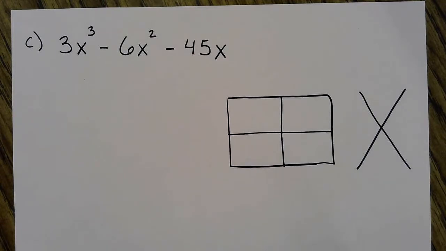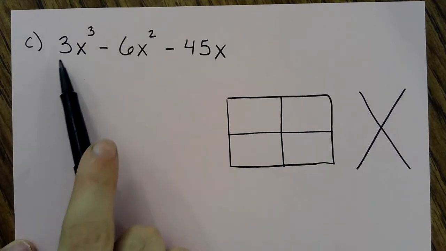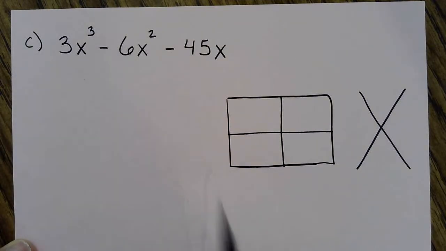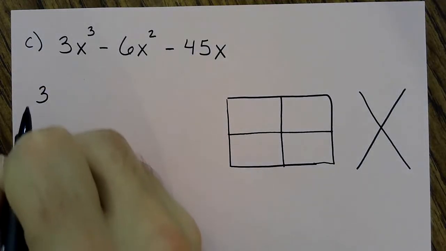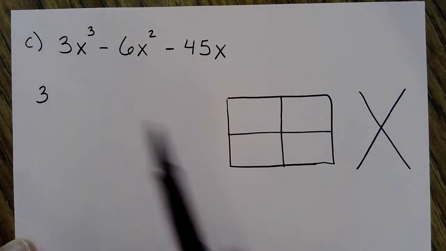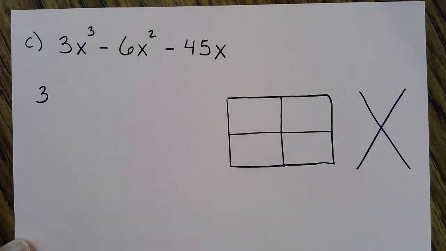So let's do what we've done in the last two examples, just as pattern recognition. Is there a value I can factor out of 3, 6, and 45? Well, that value would be 3. So we're going to take out the 3. And if you notice, what else do all three terms have in common? They all involve an x.